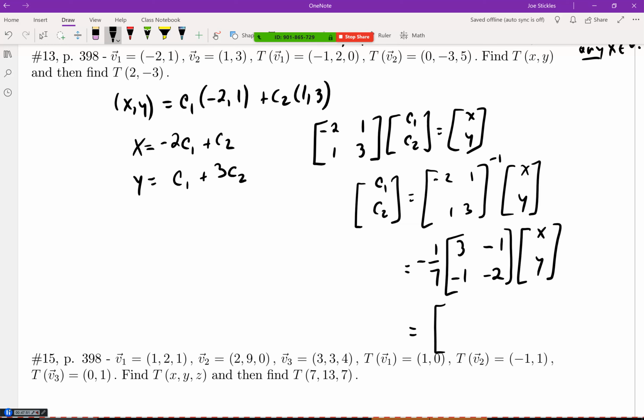So now if we do the multiplication, what do we get? We get -3/7 x plus 1/7 y for the first component. And then we get 1/7 x plus 2/7 y for the second component.